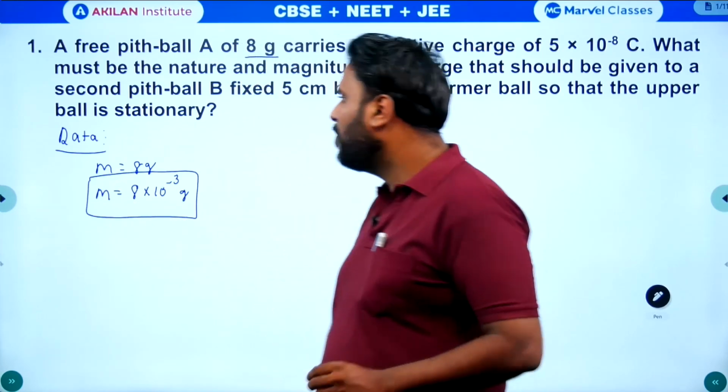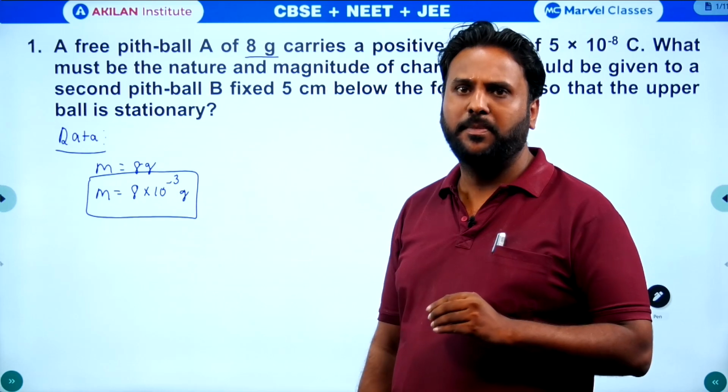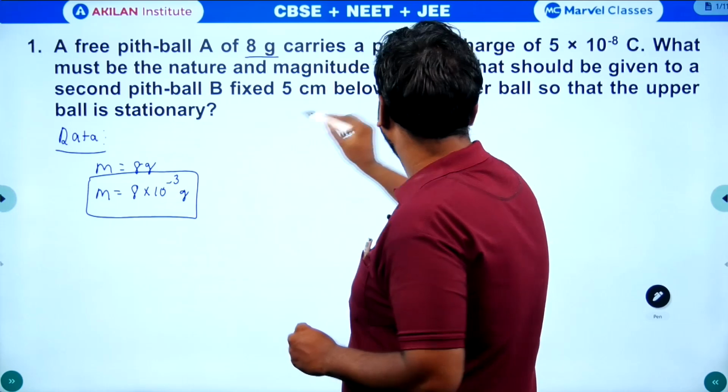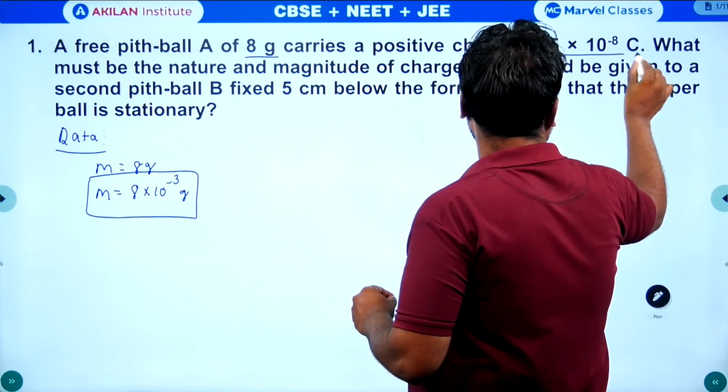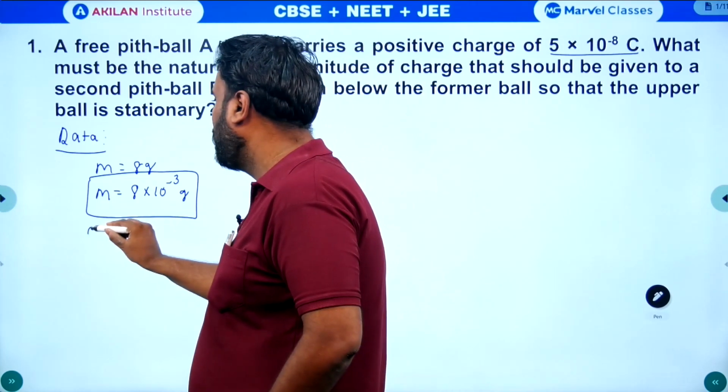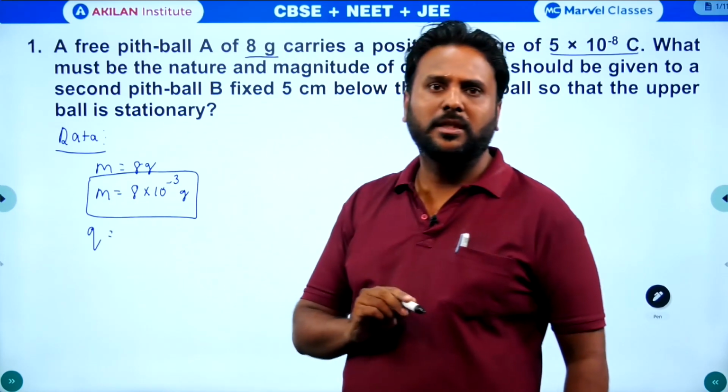In any problem, first write the data. Data is very, very important. So this is the mass they gave. It carries a positive charge. What is the positive charge they gave? 5 into 10 to the power of minus 8 Coulomb. The charge symbol, you know very well, is Q. So they gave us mass and charge.